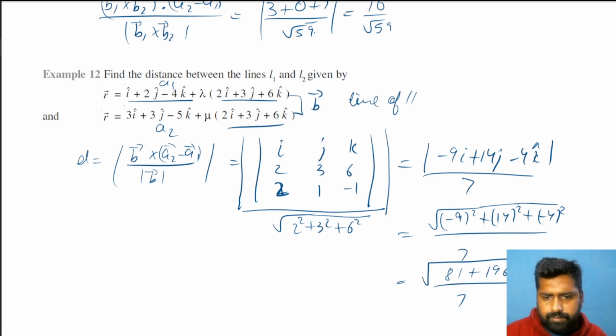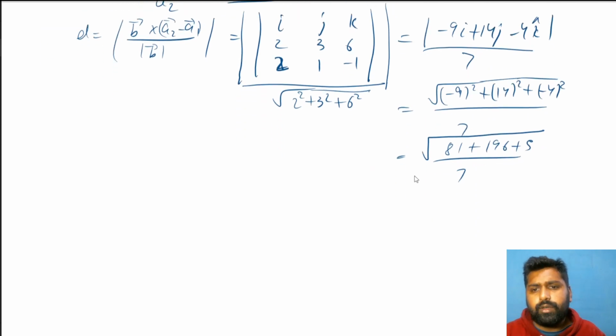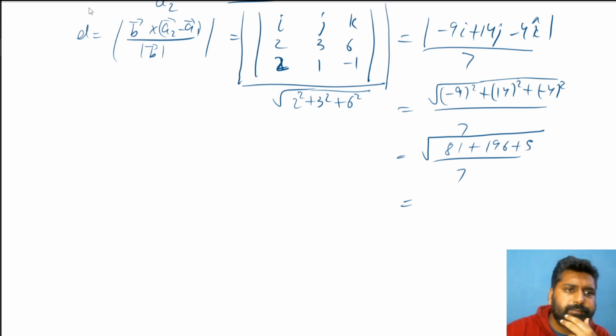So that turns out to be, sorry, my bad, this is 4 square, no? 4 square is 16, okay, yes.